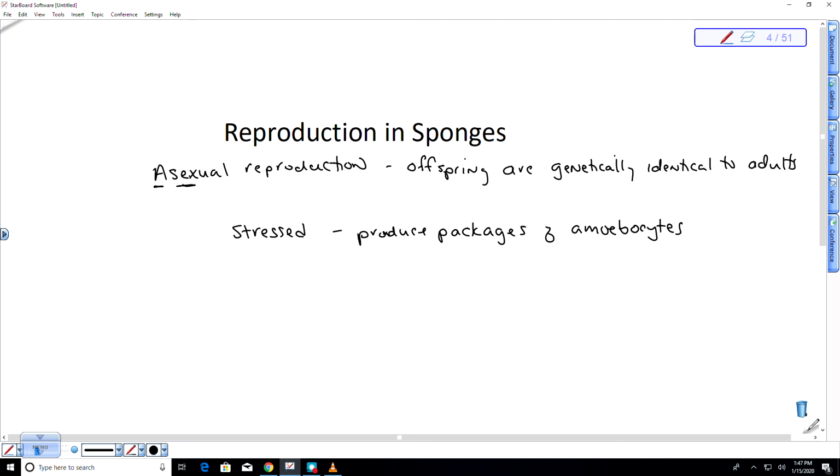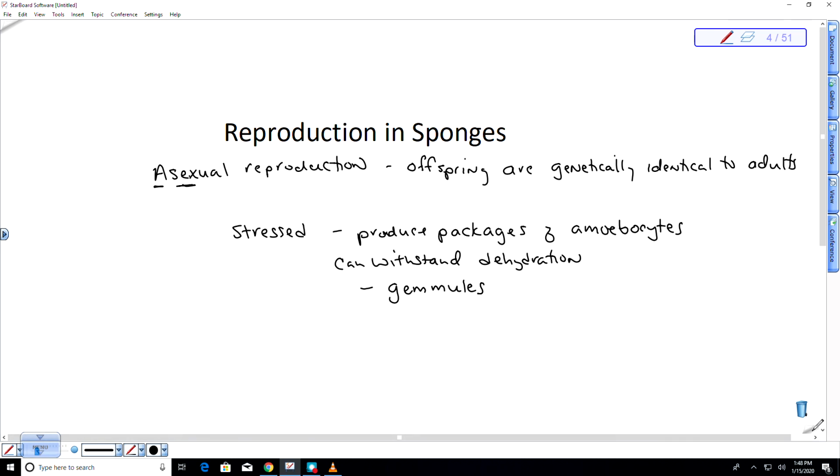And these amoebocytes can withstand dehydration. So they can withstand drying out. And these are actually called gemmules because of the way that they look underneath the microscope. They look like little gems. They're kind of shiny and bright. So the gemmules would be the packets of amoebocytes.